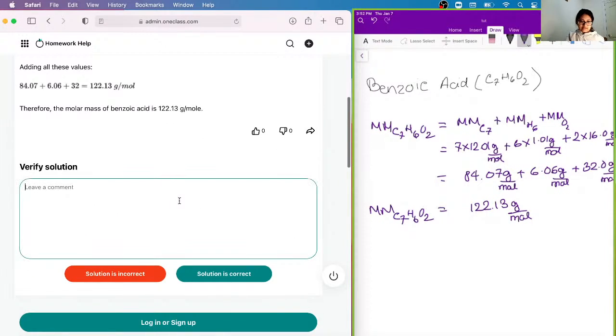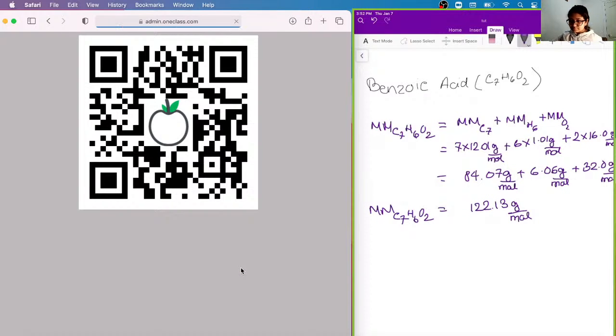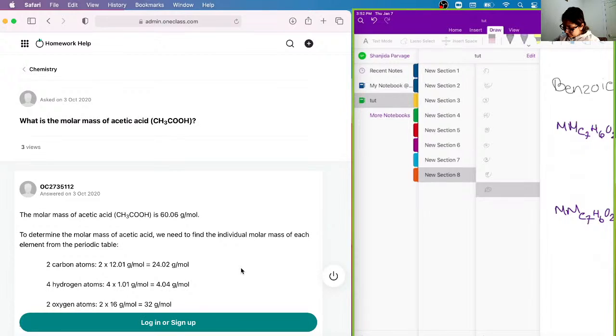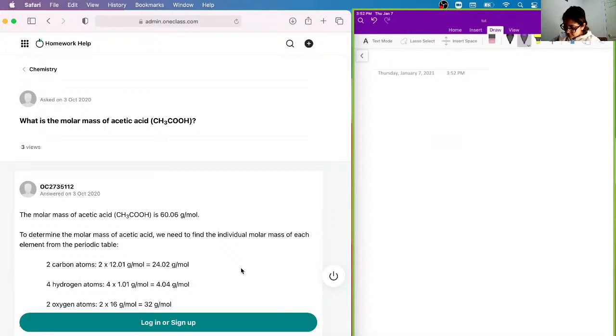So this is our next question. It says the molar mass of acetic acid.